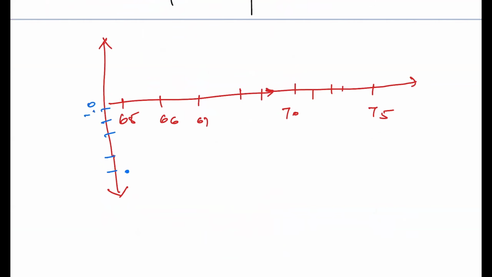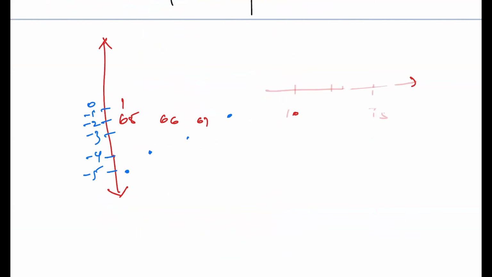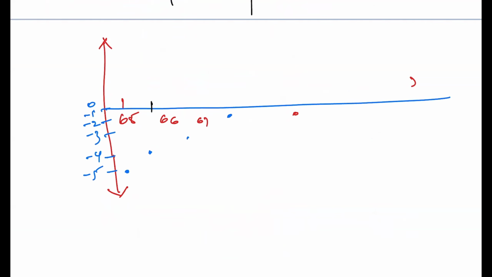So 0, -1, -2, -3, -4, -5. Okay, one more thing, I didn't do this equally, right? Let me draw this equally. So 65, 66, 67, 68, 69, 70, let's say this, okay?